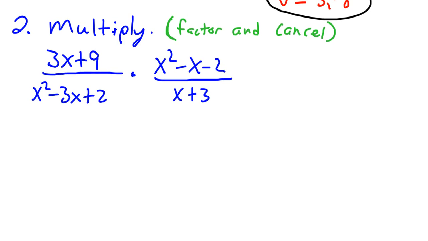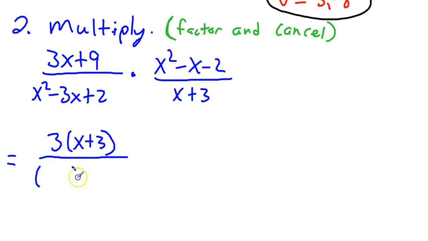Okay, so when you start factoring everything, top fraction, you've got a 3 you could take out. That's the greatest common factor, so make that 3 times x plus 3. For the bottom part of the fraction, the factors of 2 that would equal 3, well, it's got to be 2 and 1. And for that one, they're both going to be negative.